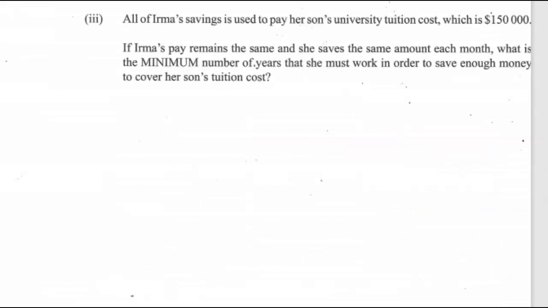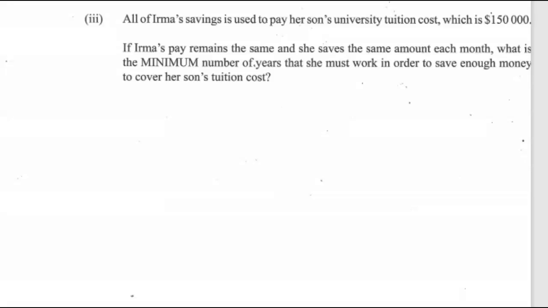Now we are told that all of Irma's earning is used to pay her son's tuition costs, which is $150,000. And if Irma's pay remains the same and she saves the same amount each month, what is the minimum number of years that she must work in order to save enough money to cover her son's tuition costs?